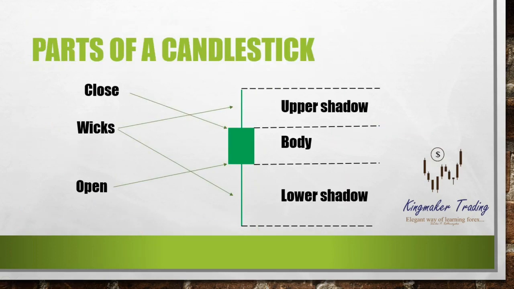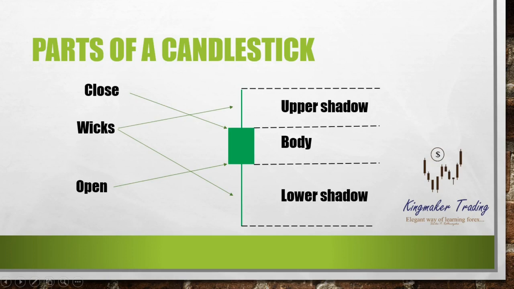Now let's talk about the parts of a candlestick. For a green candle, the opening price is below the closing price, because green means bullish, an upside movement. In order to be a green candle, the closing price must be above the opening price.